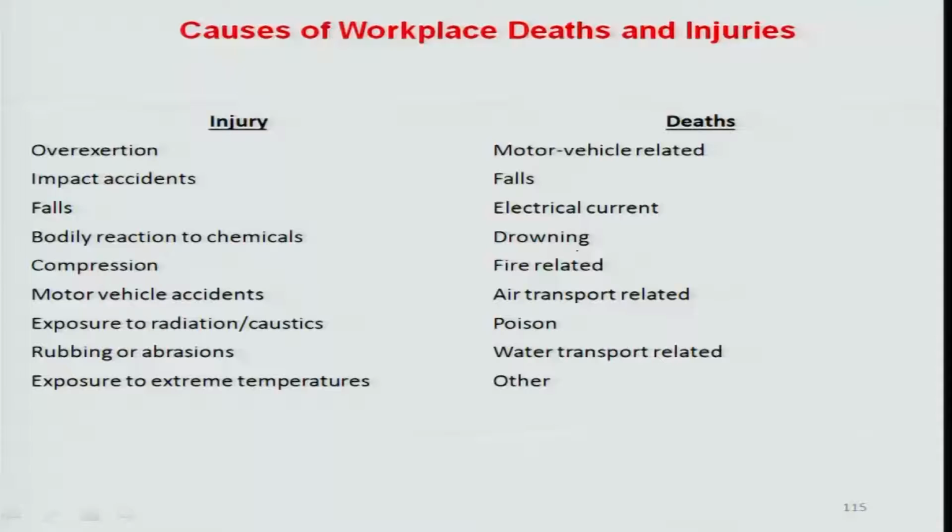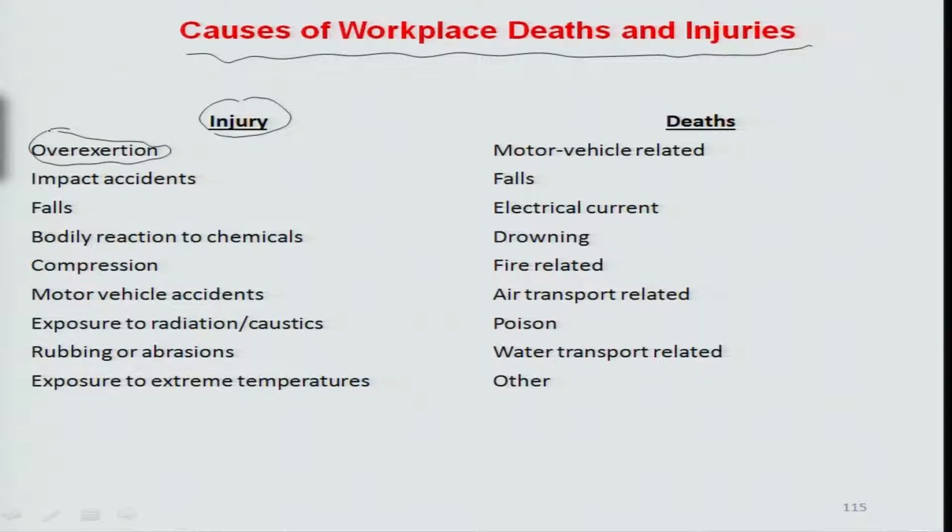We also have a sort of classification based on different causes of workplace deaths and injuries. For example, the injuries could typically be related to overexertion, and because of overexertion, non-compliance to some routinely followed processes and systems.